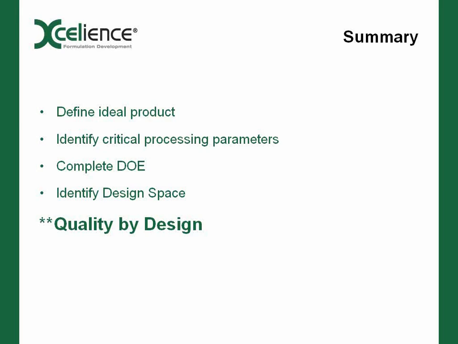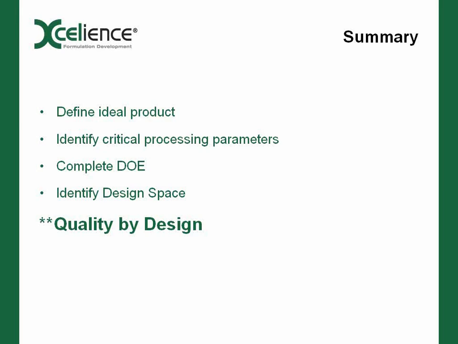But the message we want to take away today is that the more you can study this early on, the easier it is going to be to transfer it to a commercial facility and to manufacture it reproducibly commercially.